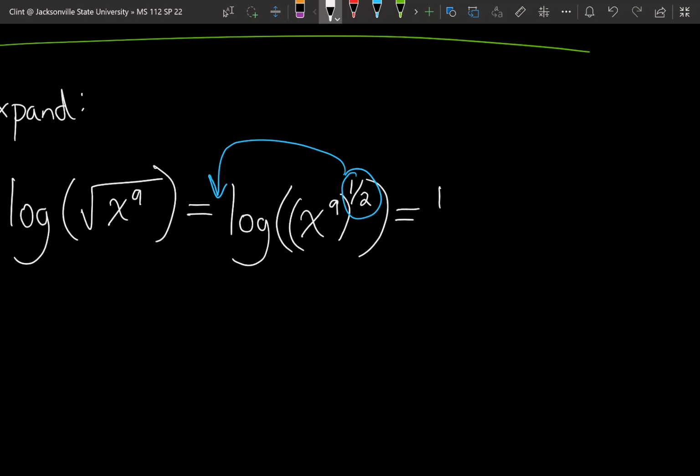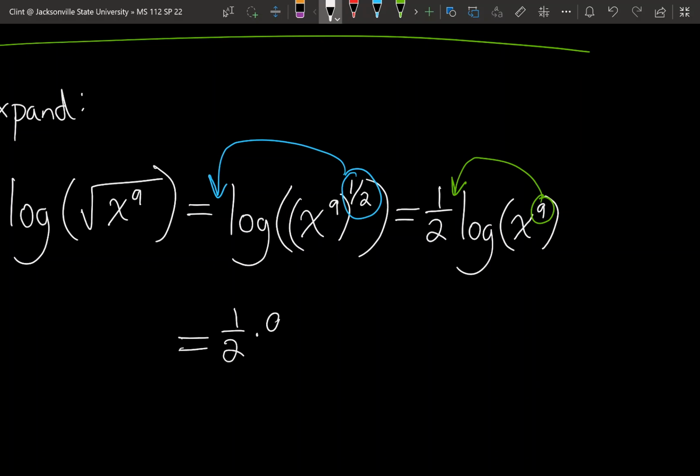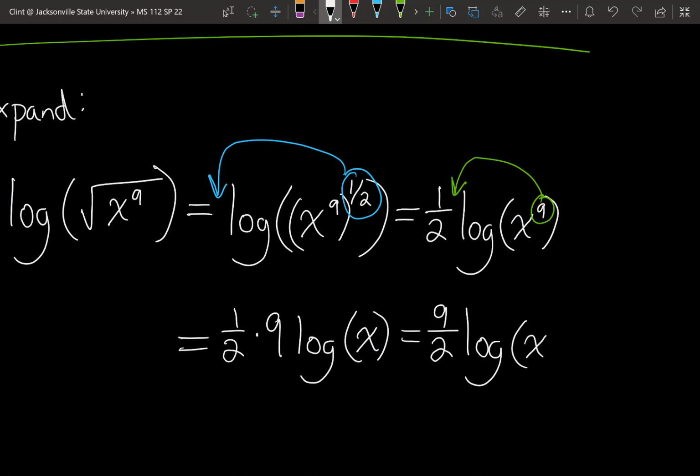So that would be 1/2 log of x to the 9th. The 9 we could bring out front. So there we would end up with 1/2 times 9 log of x. If we multiply the 1/2 and the 9 together, that's 9/2. You can do that all in one step.